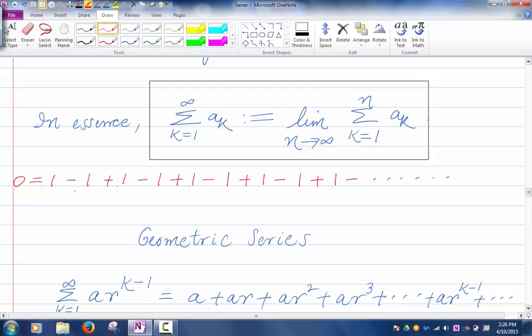And then I'm going to group together the next 2, the next 2, the next 2, and so on. So what's happening now? I'm getting 1, and then 0, 0, 0, 0, 0. What am I getting now? 0 is equal to 1.